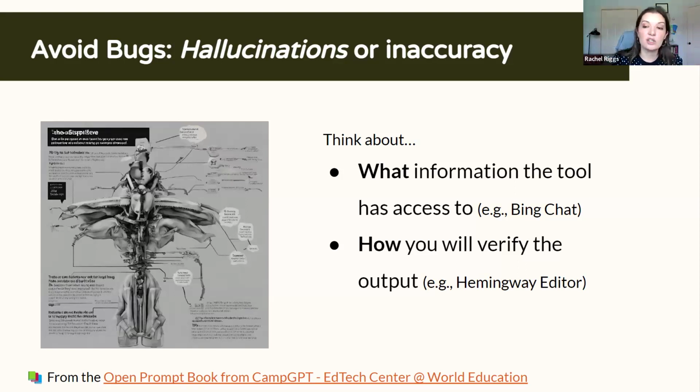It is changing all the time, so I don't know exactly. But just thinking about that, what information does the tool have access to? And can you really rely on it to give you the most up-to-date and accurate information? And if not, how are you going to verify the output and make sure that whatever you're developing with it has your own influence and is something that you can own and explain yourself.